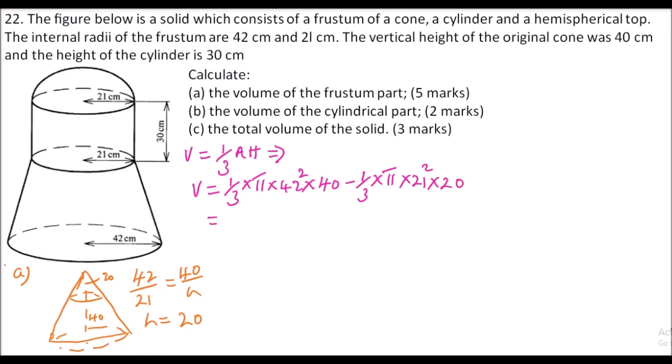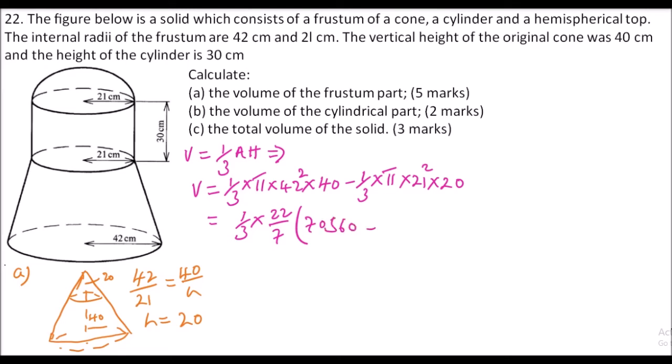So using your calculator, you can compute this, and you use 22 over 7. If you factor out one third of pi, that is a third, and 22 over 7 is pi, then you multiply 42 squared times 40, you get 70,560.